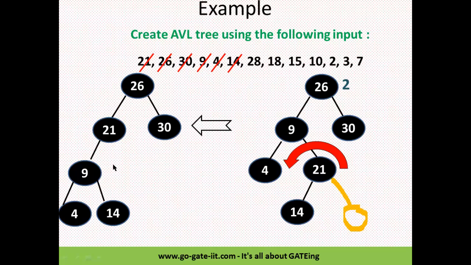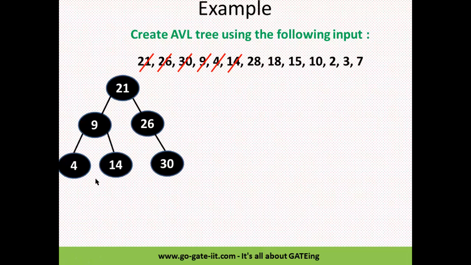Before this you can see 1, 2, 3, still the imbalance occurs as it is a left-right imbalance. So we will do first a left rotation and then the right rotation. We'll do the right rotation on 21. As you would have guessed by now, 21 will push 26 and this will remain the same. The only difference will be this. So this will be the final result of this left-right rotation.